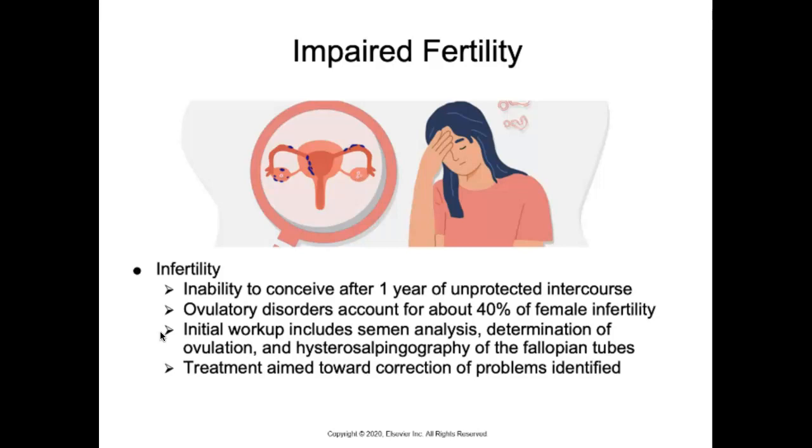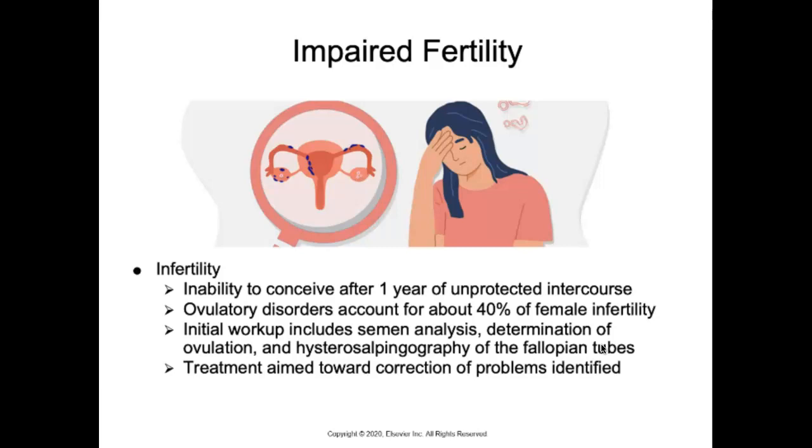So this really helps to determine if there's any ovulatory disorder, which we mentioned earlier, and if there's abnormal semen or a blockage of the fallopian tubes, or any type of, let's say, flow of the semen to contact the egg. And that tends to take place in about 20% of infertilities, or possibly determining if there's endometriosis that can also serve as a blockage, or maybe inability to implant on the uterine wall.